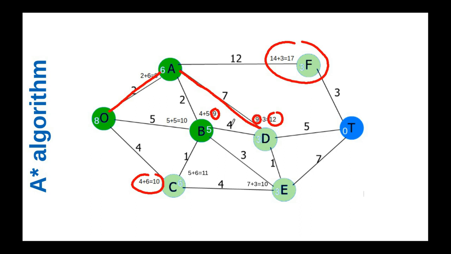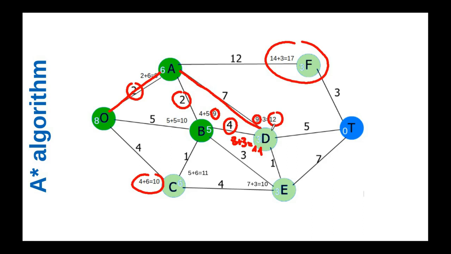And as you can see here, we have another way to go to D, that is 2 plus 2 plus 4, so it's 8, plus its heuristics, that is 3, equals to 11.